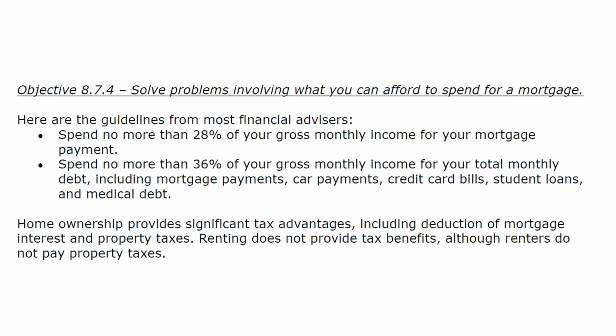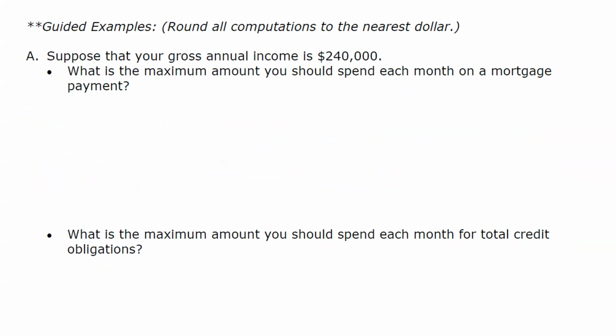Okay, so we are going to apply these guidelines to determine the maximum amount we would want to spend each month on a mortgage payment based off of gross income. So in our first example here, suppose that your gross annual income is $240,000. What is the maximum amount you should spend each month on a mortgage payment?